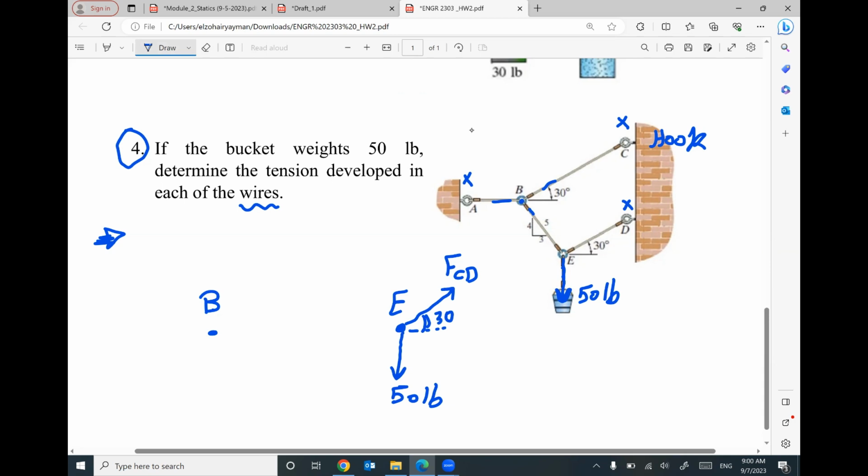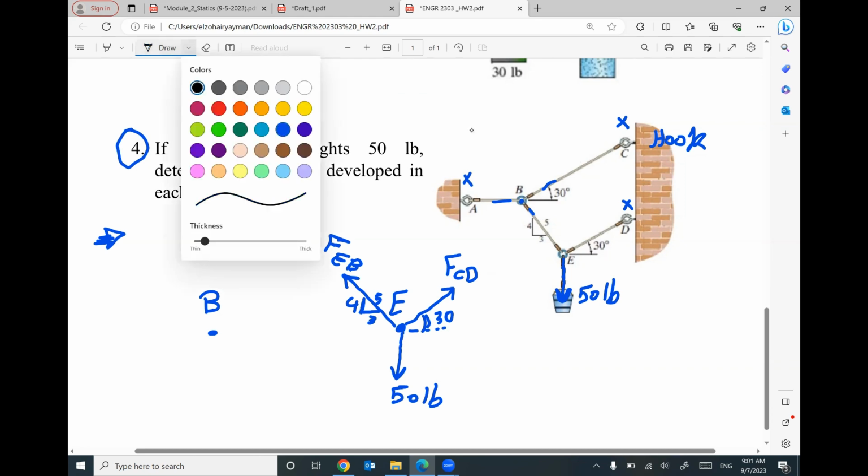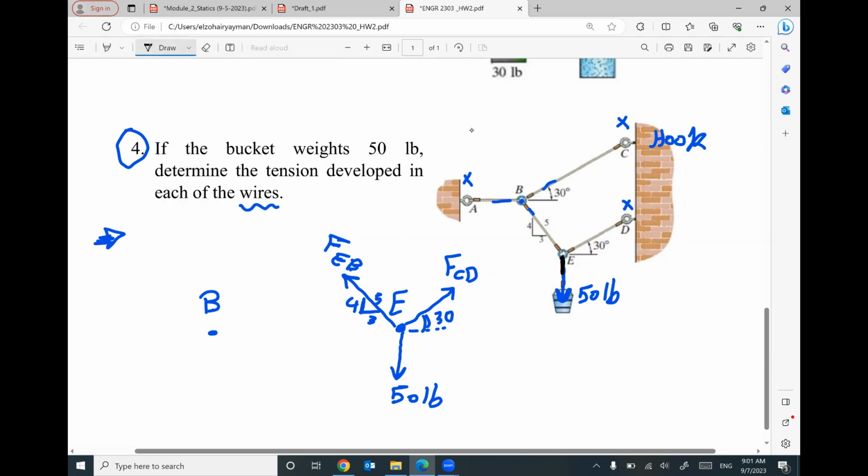I will have this cable with the force FEB with right angle triangle 4, 3, 5. That makes sense? If you go back here, point E, we have this force, we have this force, and we have this force. Nothing else. Only these three forces.